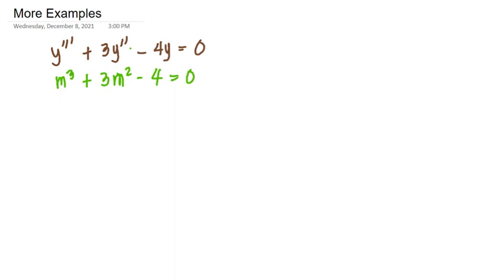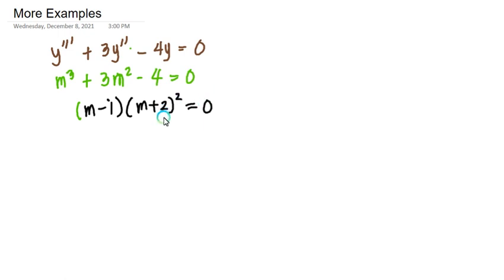But if I factor this out, the factored form of this equation is m minus 1 multiplied by m plus 2 squared is equal to 0. It is understandable from your calculator that you have 1 and negative 2.